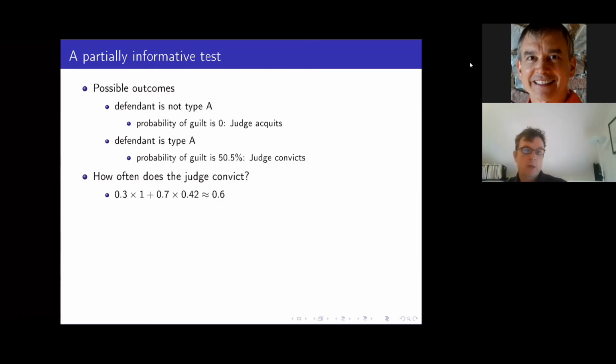Because he has managed to come up with a partially informative test that is unbiased, that's just using Bayes' law, and yet that convinces the judge to convict with a likelihood twice as high as the prior likelihood of the defendant being guilty. That naturally leads us to the question: could the district attorney find an even better test? What's the optimal information policy that the district attorney might adopt?